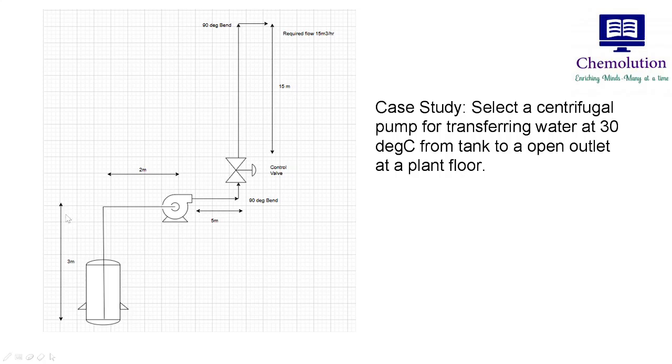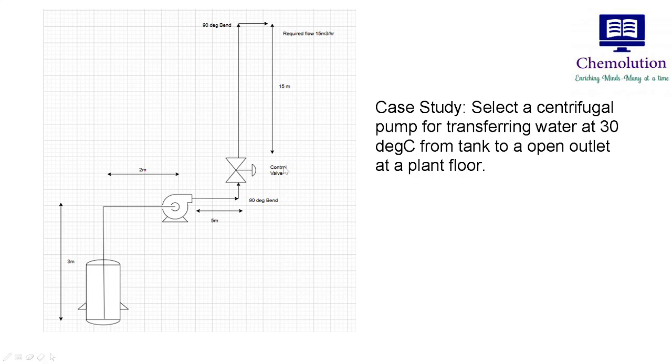This 3 meters is basically your suction lift, and this 2 meter is additional length of pipe which is connected in the suction of the pump. This is a discharge pipe of 5 meter. You have a control valve, you have a single bend in the suction line, and you have two bends in the discharge line. All the bends are 90-degree bends. This information is critical in calculating the pressure drop, which we will see in the later part of the video.